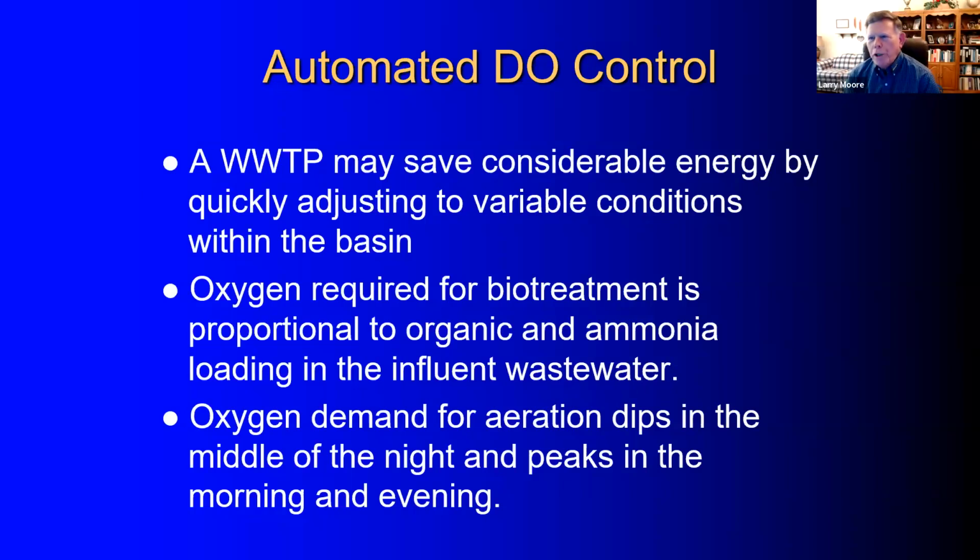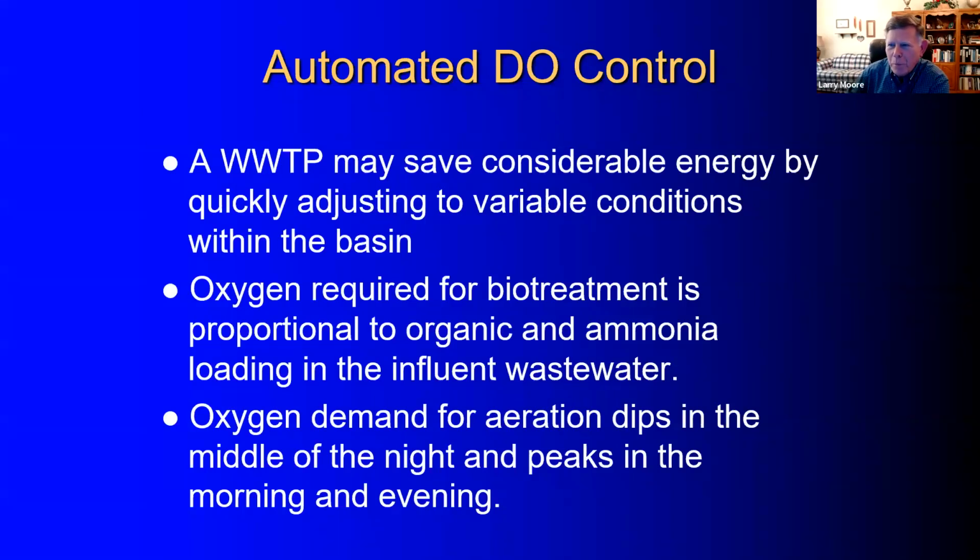And the reason we want to do that is because our oxygen demand in our activated sludge process is changing throughout the day. It changes on an hourly basis. Typically, at most small to medium municipal wastewater treatment plants, you'll have your peak oxygen demand from about 10 a.m. to 2 p.m. You'll have your minimum oxygen demand from about 2 a.m. to 6 a.m. And the peak hourly demand divided by the minimum hourly demand, that ratio is generally 2 to 1 to 5 to 1.